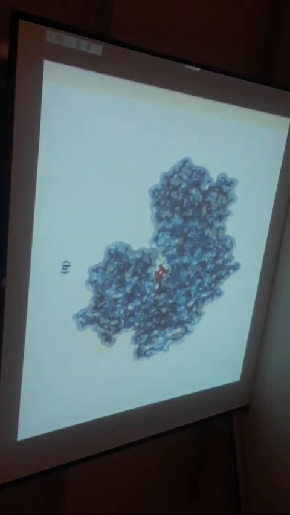Now, the induced fit that we see here is a classic example of induced fit that was first described by Dan Koshland in the 1950s. I'm not sure if you heard about this kind of stuff.